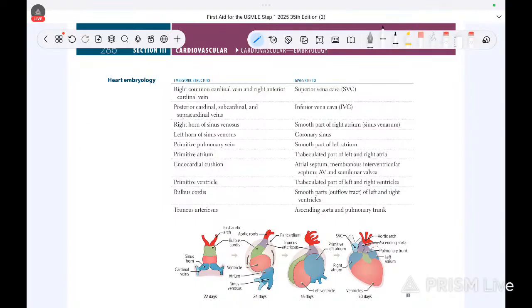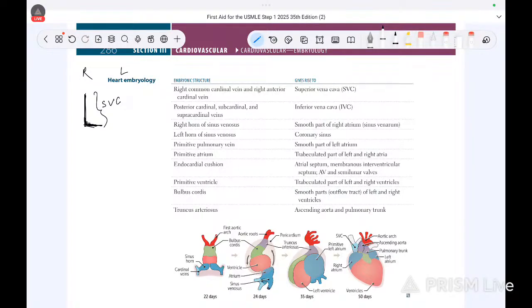The right anterior cardinal vein and the right common cardinal vein, this is the common cardinal vein, this part forms the superior vena cava.